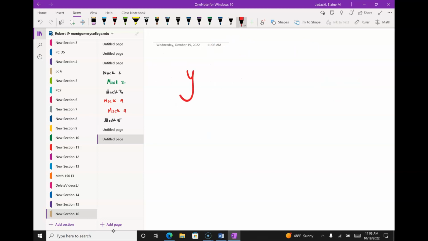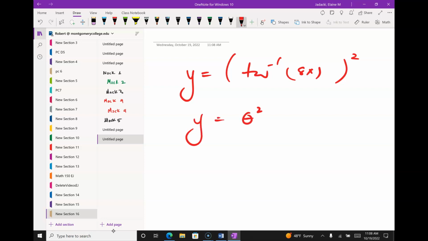So this is y equals the square of the inverse tangent of 8x. So I certainly see this as y equals theta squared, right? So that might help when I'm thinking about this problem. Certainly theta is the inverse tan of 8x.